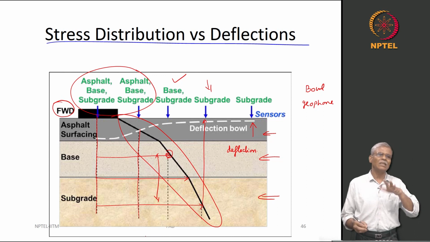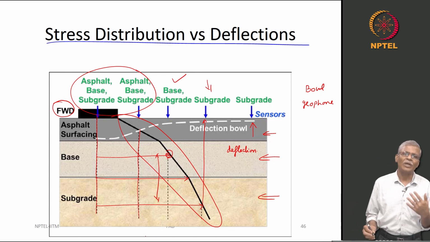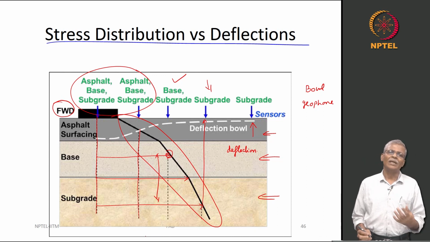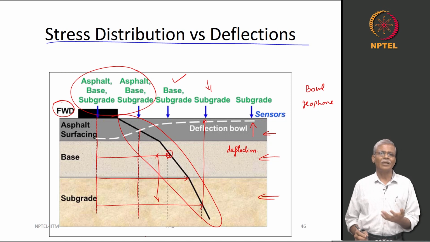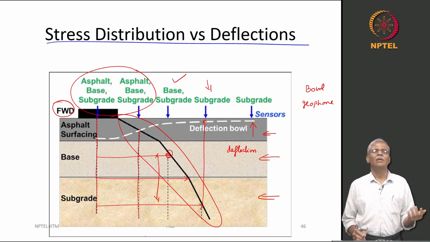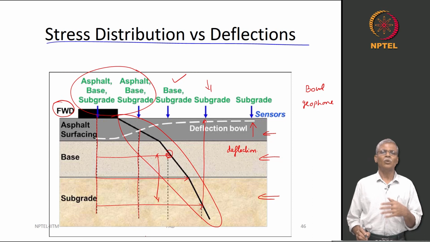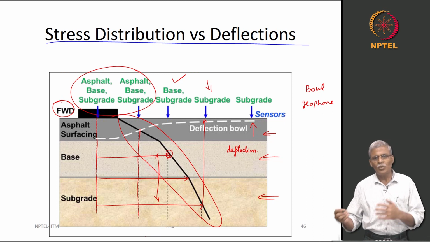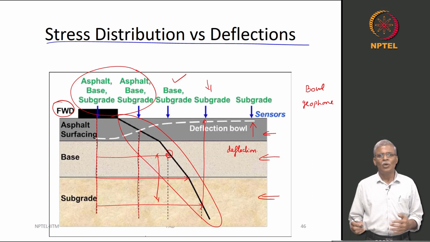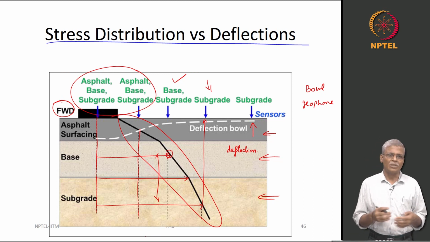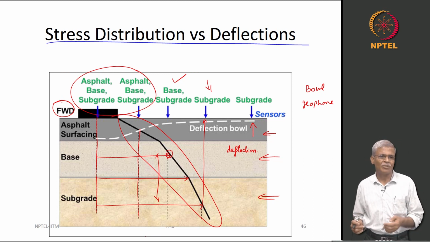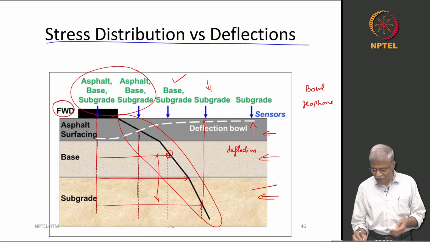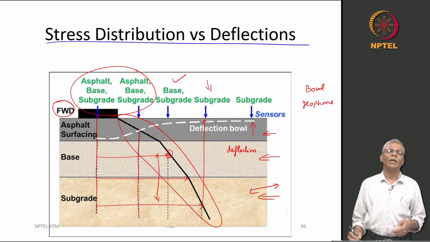So, using these, you can actually find out what exactly is the expected stress distribution as well as the expected load carrying capacity of the pavement when you actually construct it. So, what you could do is construct a test section, run an FWD, and find out what exactly is the load carrying capacity.